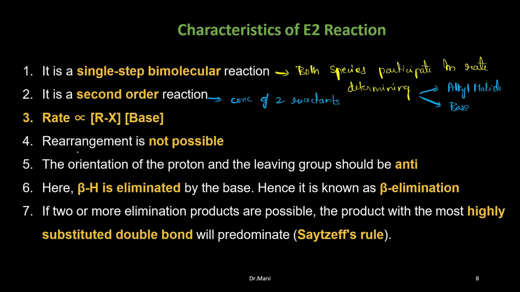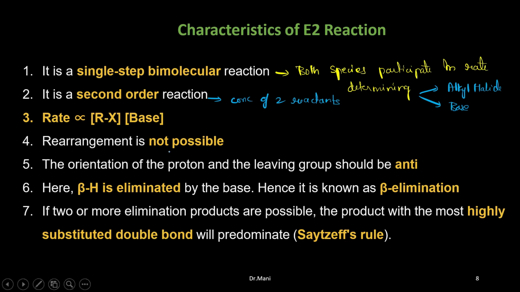Third thing, the rate is directly proportional to the concentration of the alkyl halide and the concentration of the base. So this confirms the bimolecular nature of the reaction as well as the second order reaction. Rearrangement is not possible.